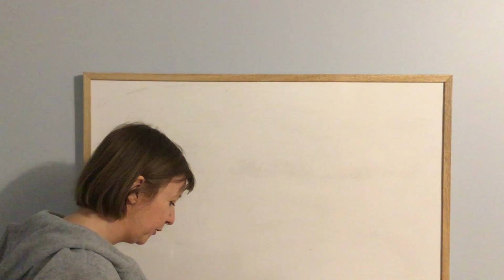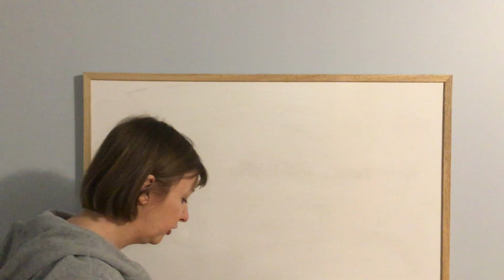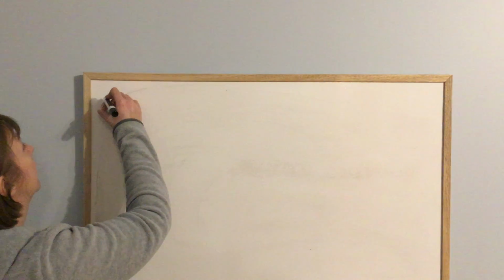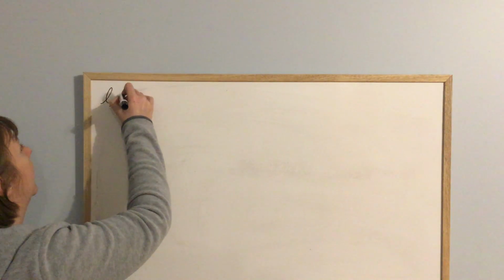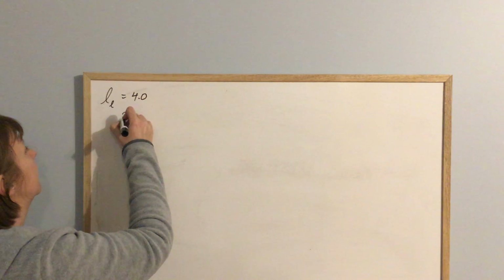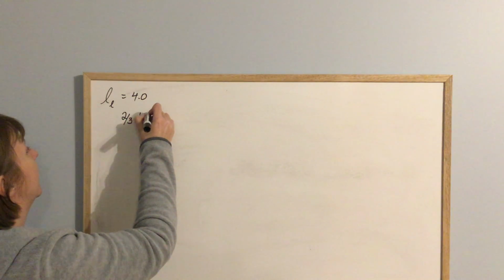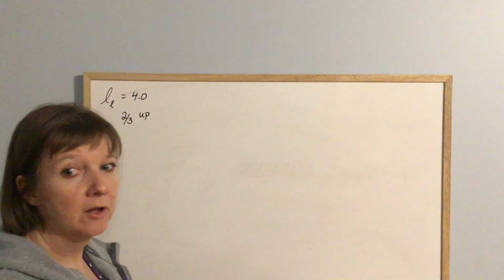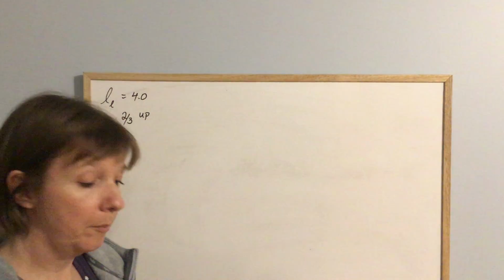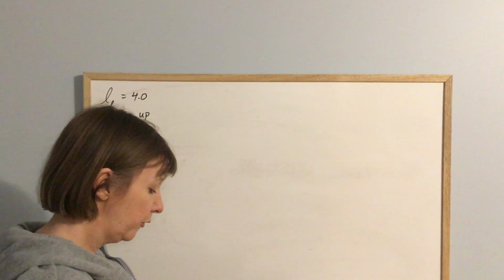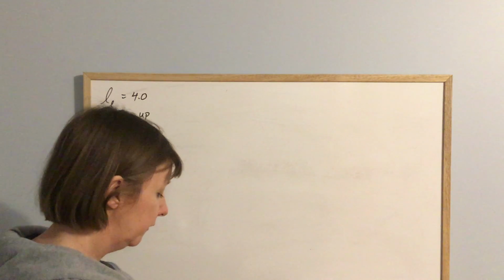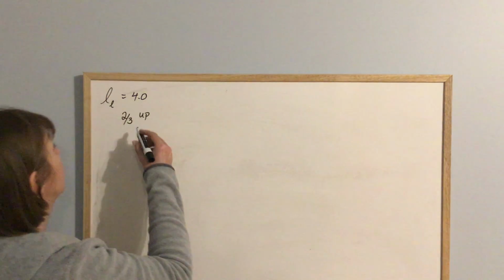In this example, we have a firefighter who's standing 2/3 of the distance up a 4-meter long ladder. So the length of the ladder is 4 meters. He is standing 2/3 of the way up the ladder. If you multiply 4 by 2/3, it gives us 2.666.